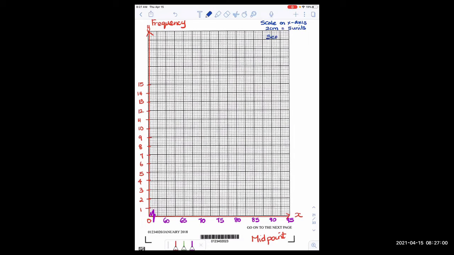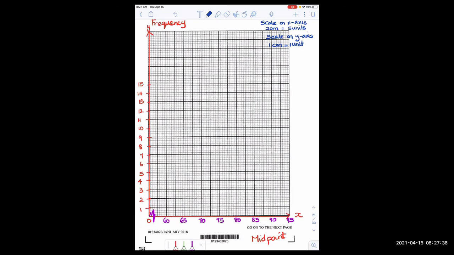The scale on the y-axis, 1 cm is equal to 1 unit. Does everyone have that? Yes, Miss.